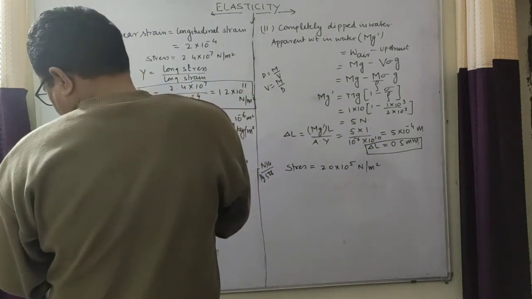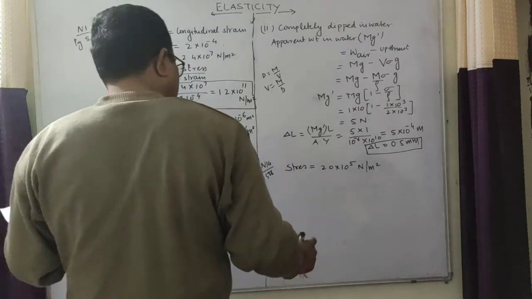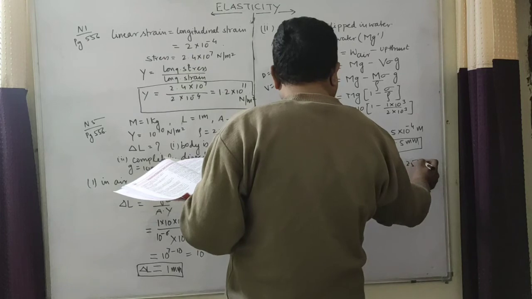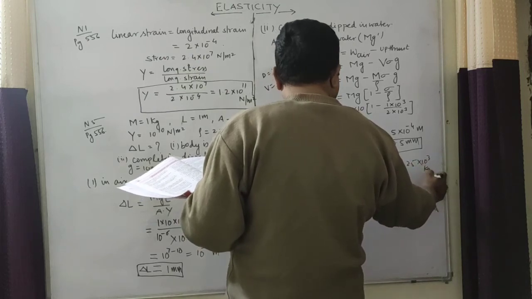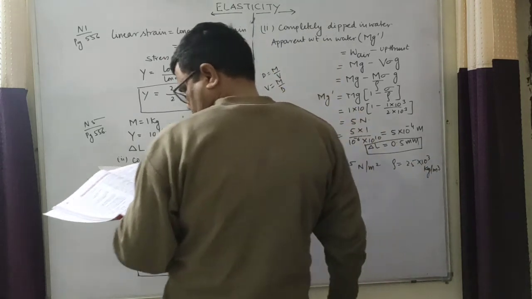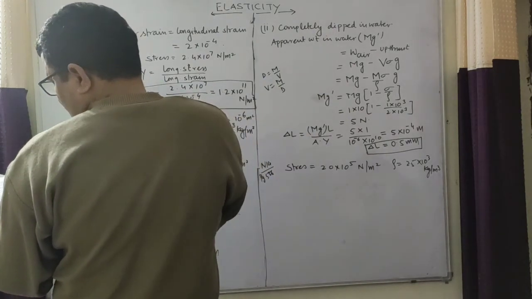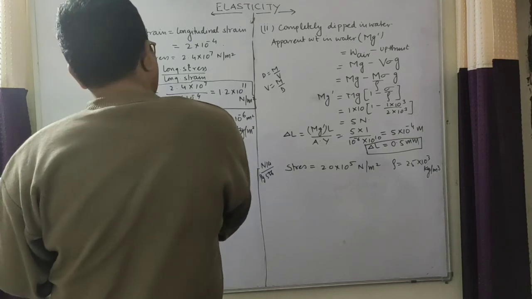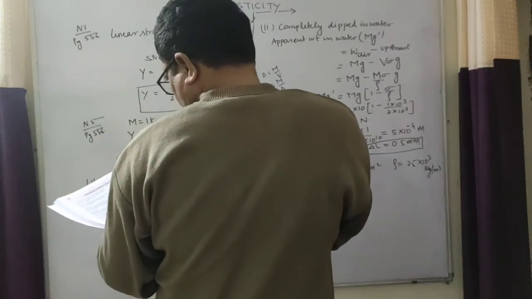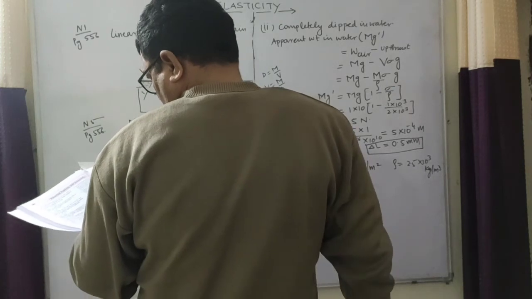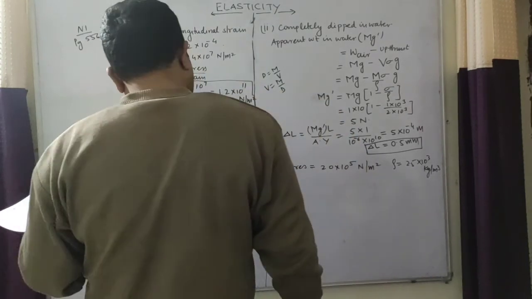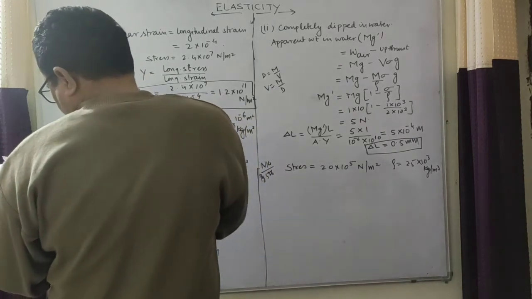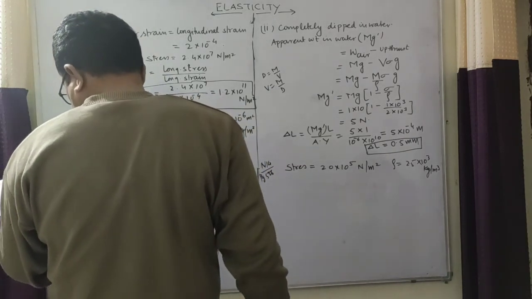If density of substance is 2.5 into 10 to the power 3 kilogram per meter cube, then find maximum length of the wire made of same substance so that it may not break due to its own weight when hanged.